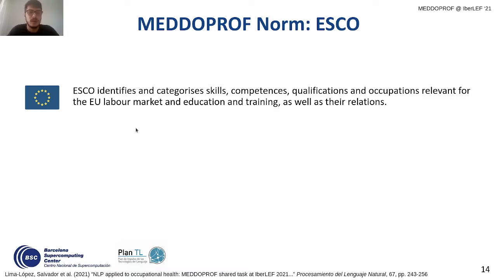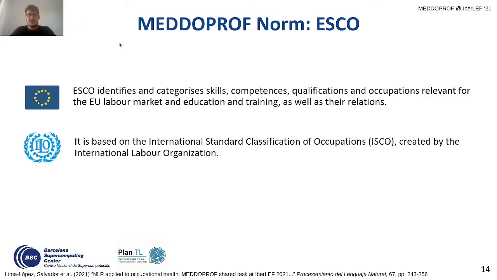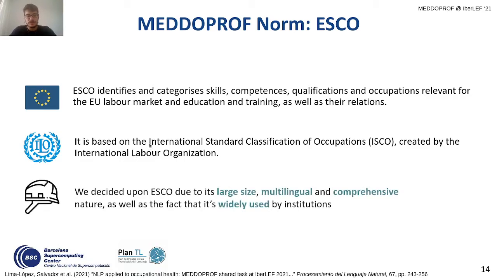So, for example, each occupation has a set of related skills. And this classification is based on the International Standard Classification of Occupation, ISCO, which was created by the International Labour Organization.